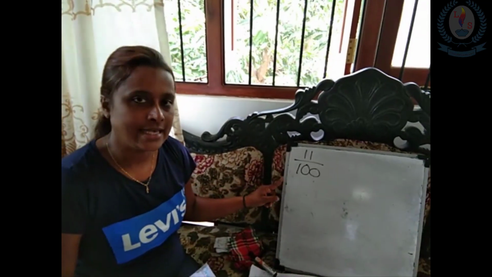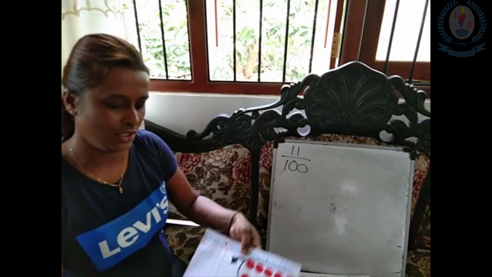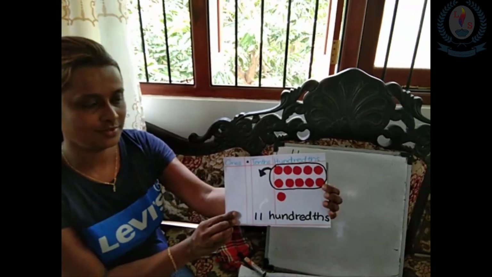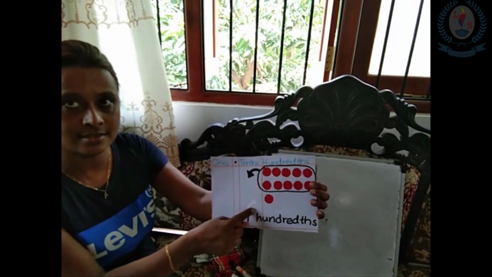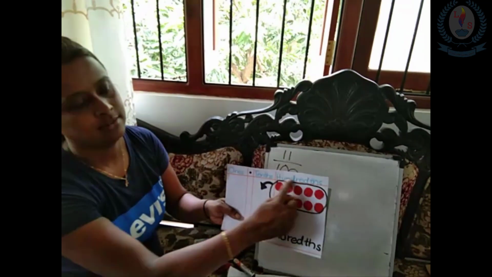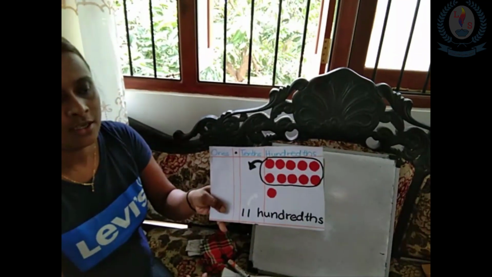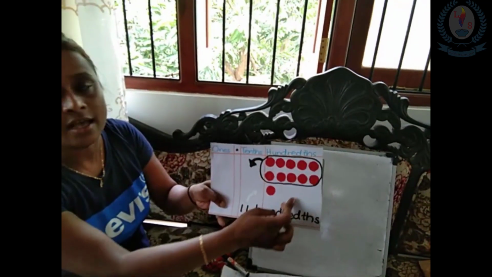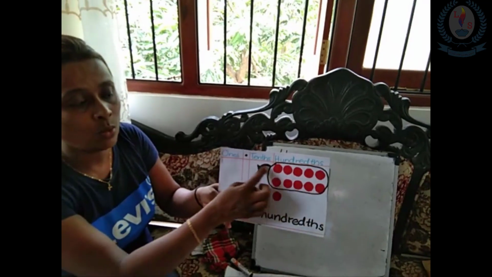Now let's take another example. 11 hundredths. Let's write this as a decimal. First we will mark it on a place value chart. Look at this. Place value chart contains ones, decimal point, tenths, hundredths. There are 11 hundredths. We cannot keep 11 hundredths in the hundredths place, as 10 hundredths make 1/10.